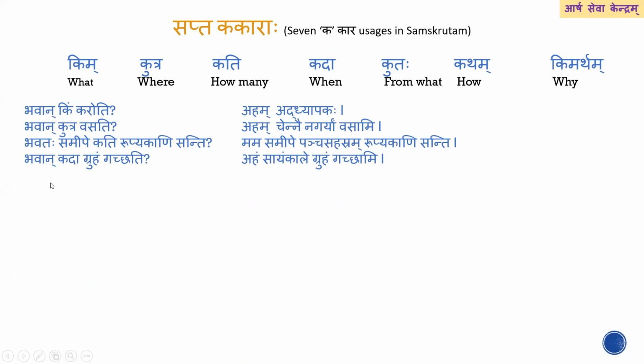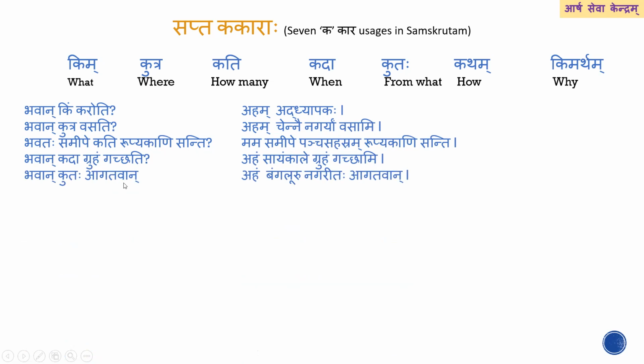You can say kada bhavan patati, kada bhavati uttishtati, aham pratakale panjavadane uttishtami, like that, any. So this is not a lot of usage of kada. Bhavan kada griham gacchati. Aham sayamkale griham gacchami.